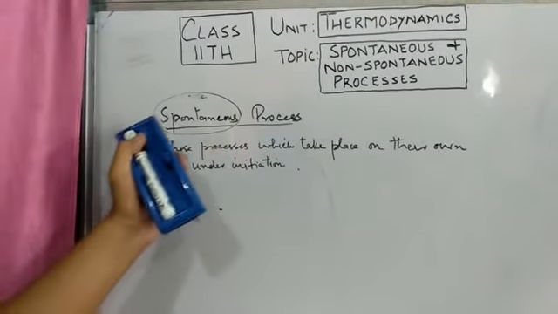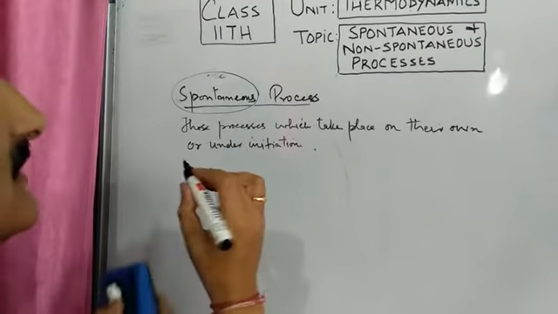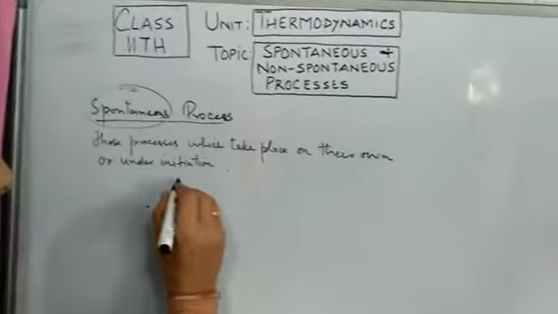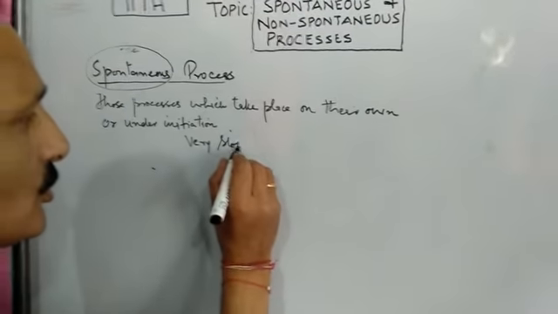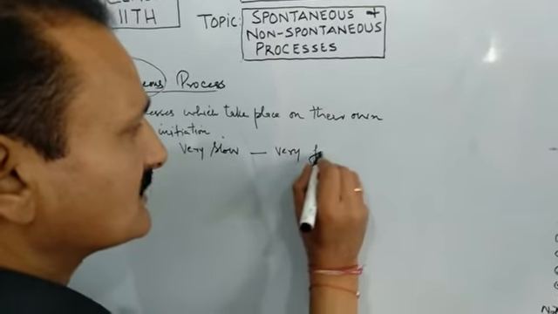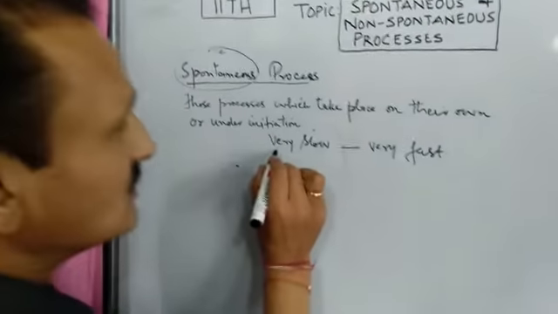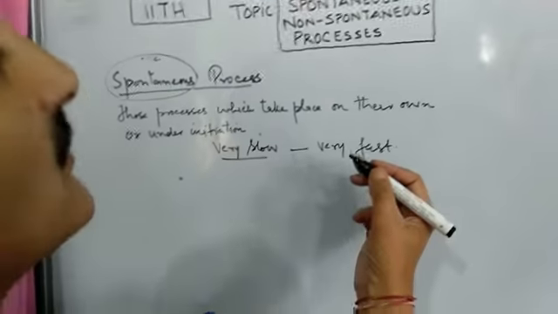Now, as far as the speed of these processes is concerned, the rate at which they take place may be very slow to very fast. That means spontaneous processes can take place at a very slow rate, or they can also take place at a very fast rate.